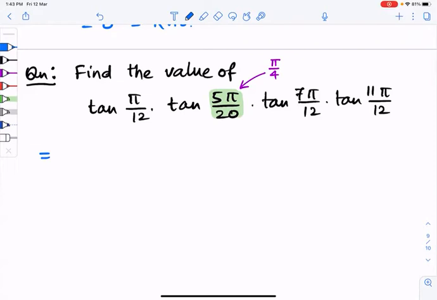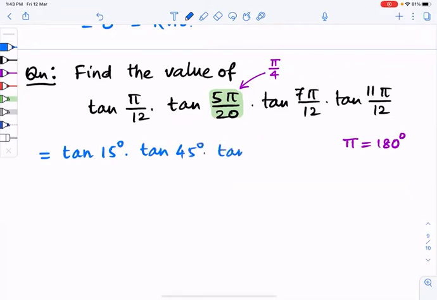I can write it as, we know that pi equals 180 degrees. So what will be pi by 12? If I divide 180 degrees by 12, it will be 15. So it is tan 15 degrees into tan of 45 degrees.